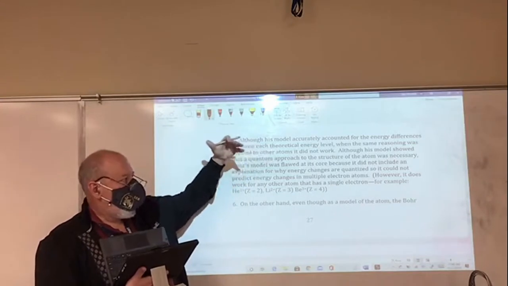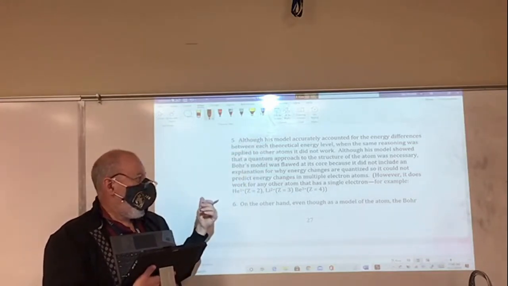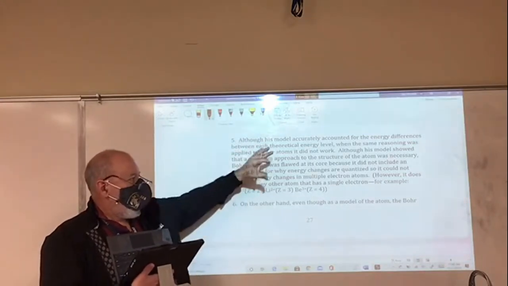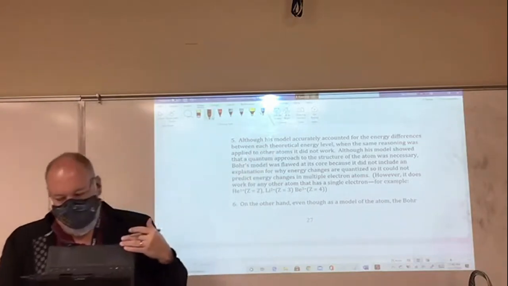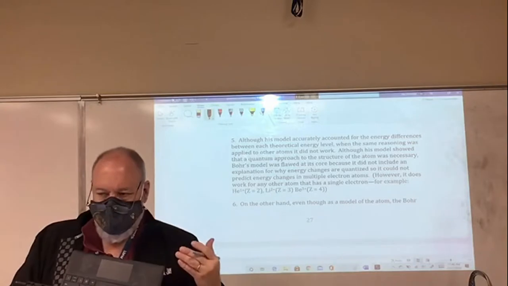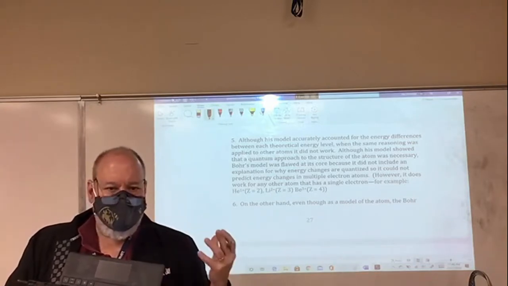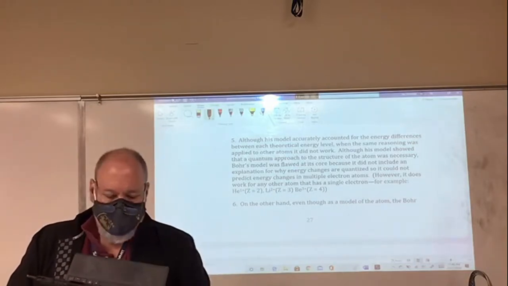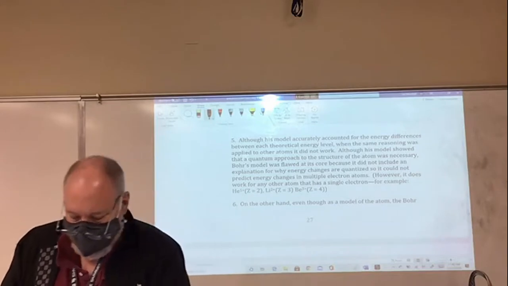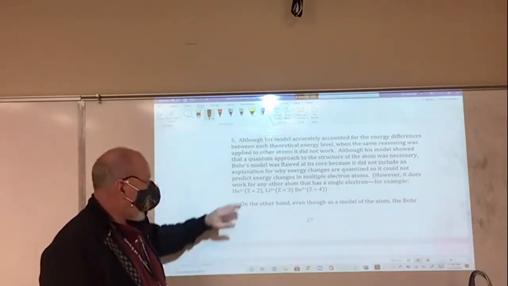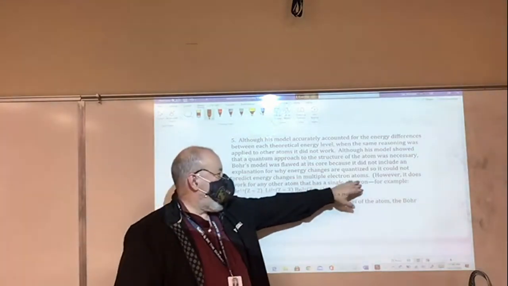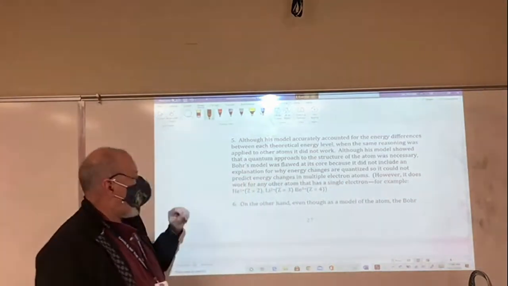He didn't take that into account. And the reason it worked for a hydrogen atom is because it only has one electron, and there are no effects of other electrons to cause changes in energy that are not understandable. But it does work for any other atom that has a single electron.